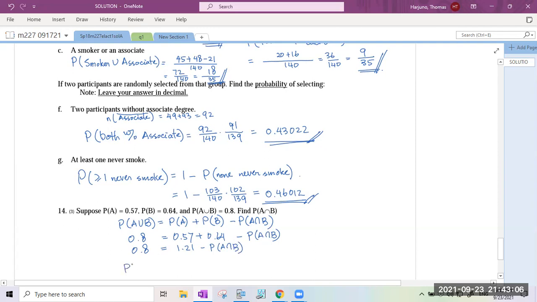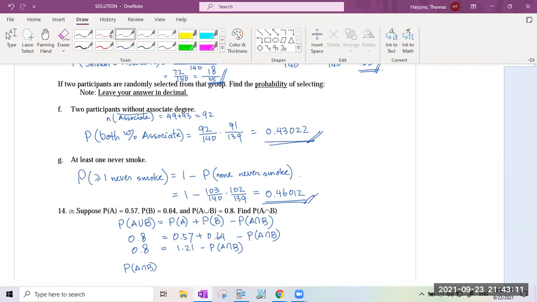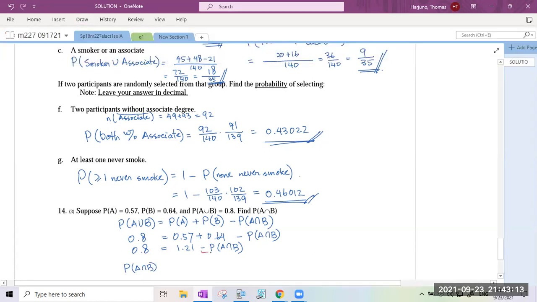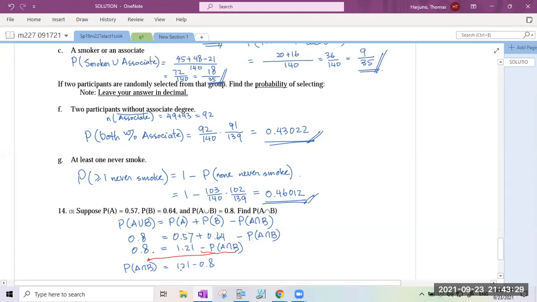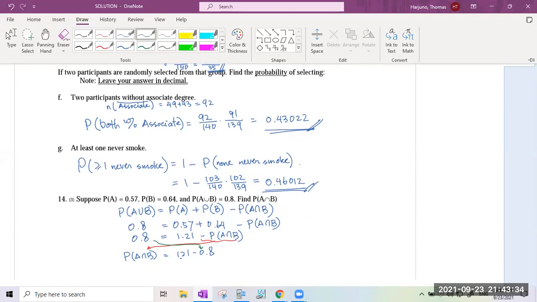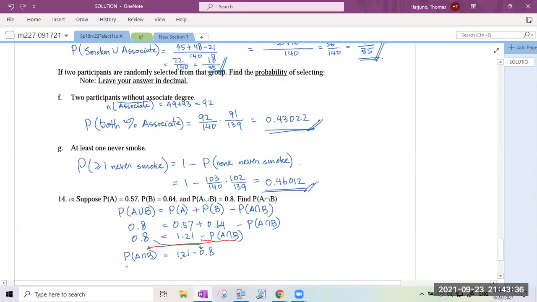So probability of A intersection B, I add both sides by probability of A intersection B, equals 1.21 minus 0.8. Addition becomes subtraction. So probability of A intersection B therefore is 0.41.